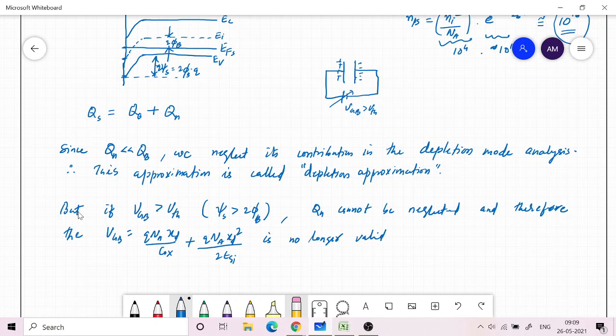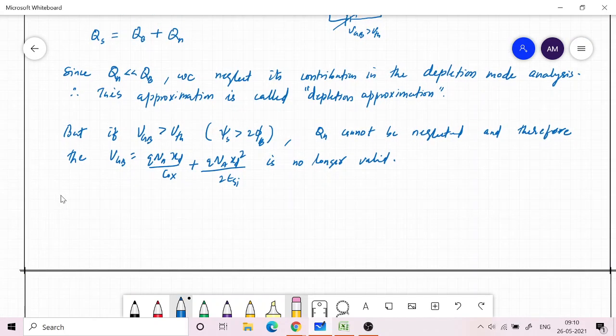This expression is telling that as you increase VGB, the depletion region keeps increasing, XD is increasing and increasing, but this is no longer valid. So the maximum value of XD is that which corresponds to, so this is our conclusion: therefore the XD max corresponds to the case psi s equal to 2 phi b.